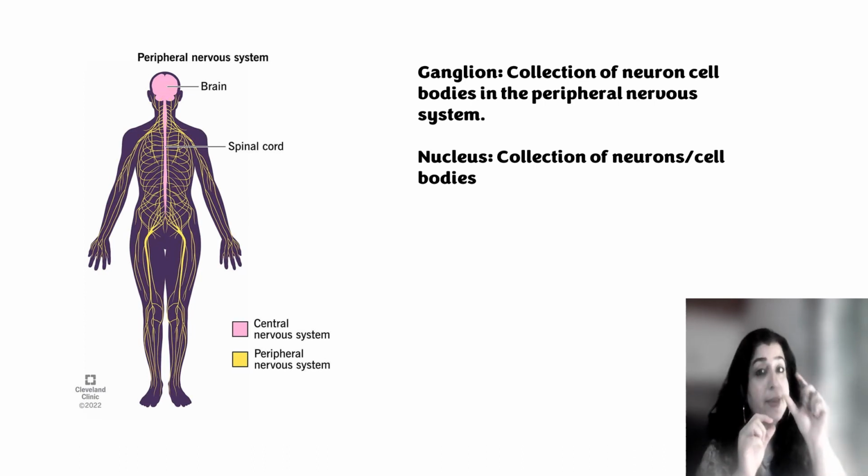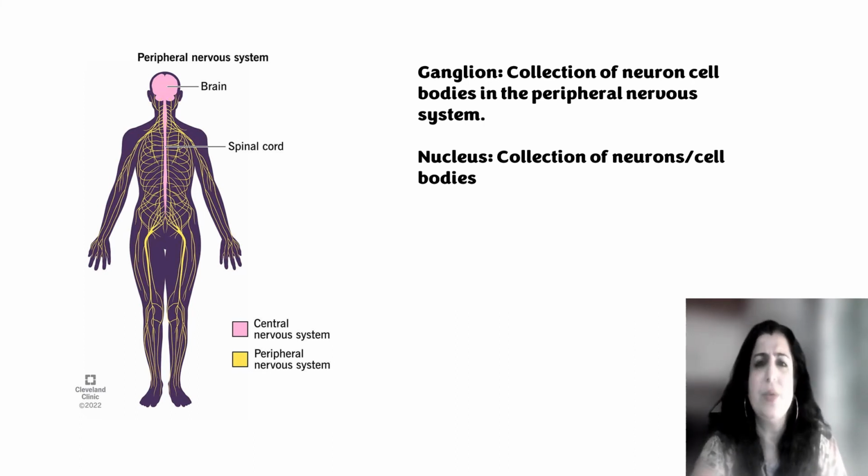Not the small cell nucleus, but really big nuclei, like big structures. So for the purpose of psychology, you should only know the definition. No need to go into details.